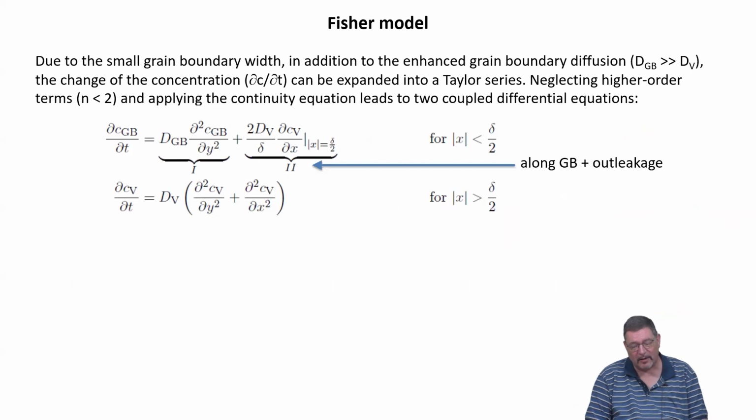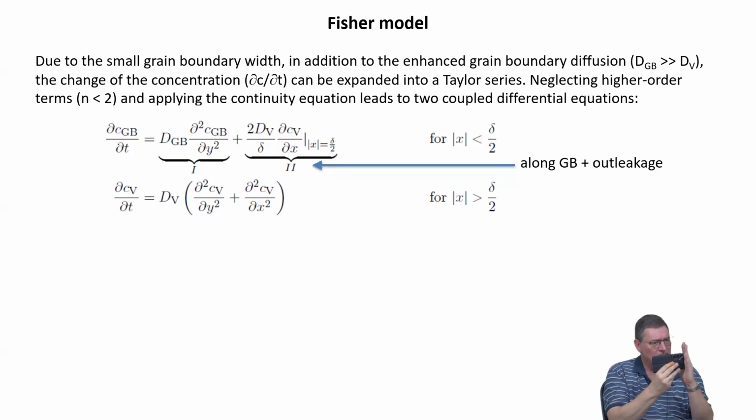simplify. But along the grain boundary, this direction is not the same, like always, why will change? No. The grain boundary is not always at an equal distance. No. If you apply the same concentration here, then the same concentration will be here, and here, and here. This is the approximation of the model, right?